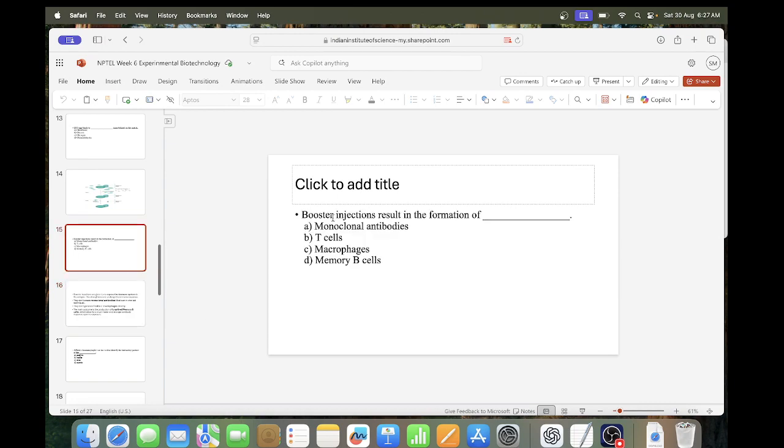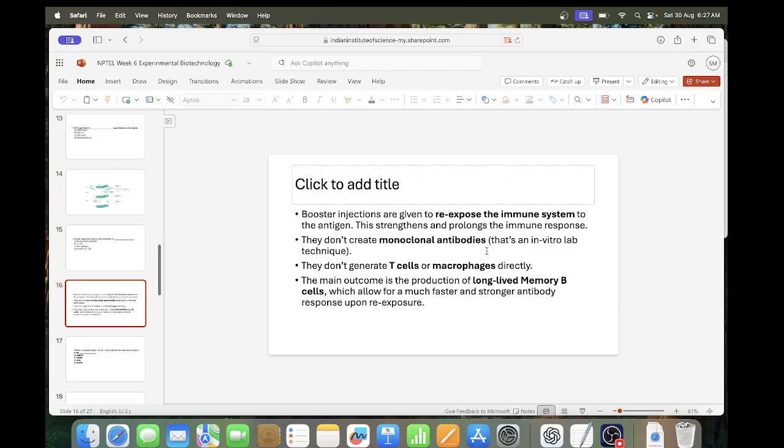Now, the question is what do booster injections result in the formation of? Four options are given here: monoclonal antibodies, T cells, macrophages, and memory B cells. We'll eliminate these options one by one. First, monoclonal antibodies. These are specifically created. Monoclonal as in all of these are derived from one particular cell, for one particular antigen.